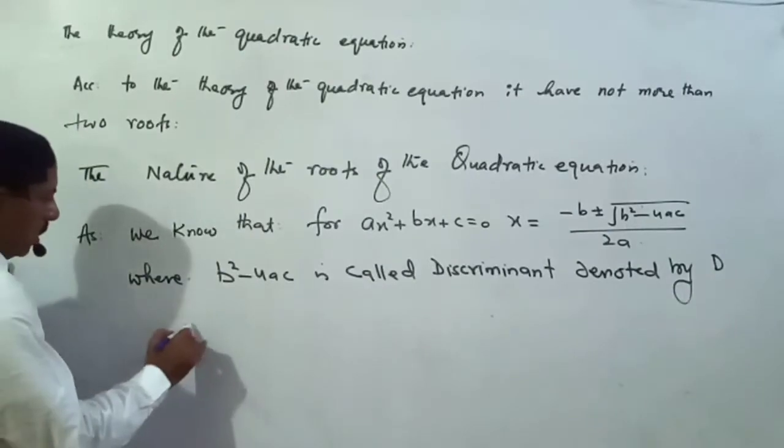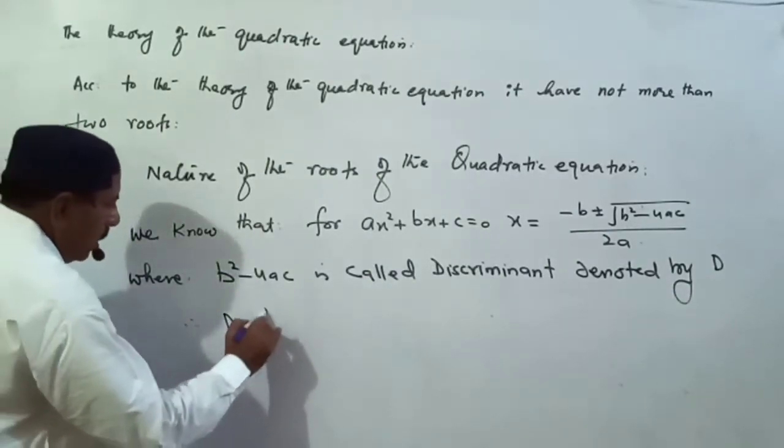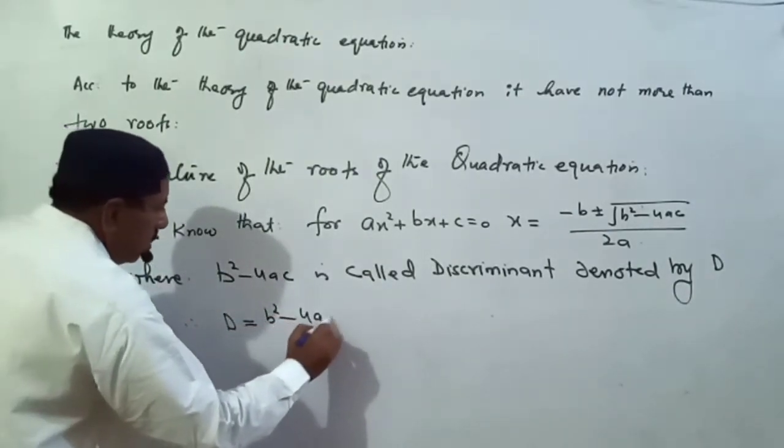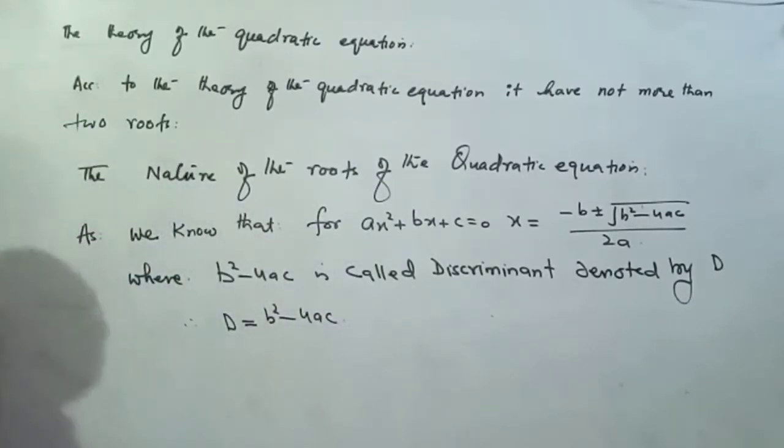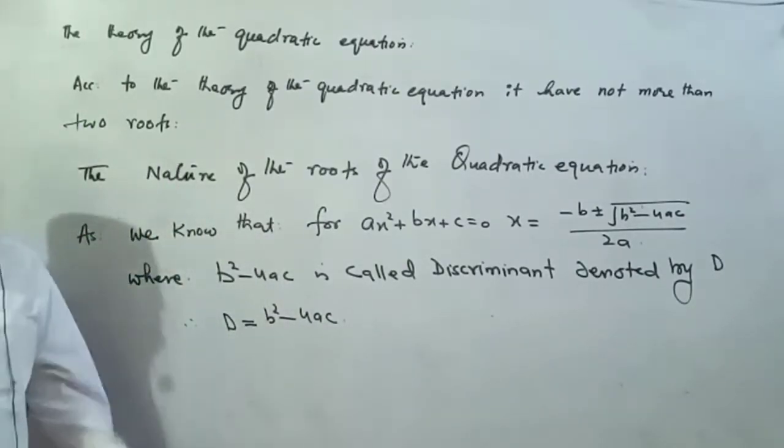Therefore d is equal to b square minus 4ac, by which we can observe the nature of the roots.